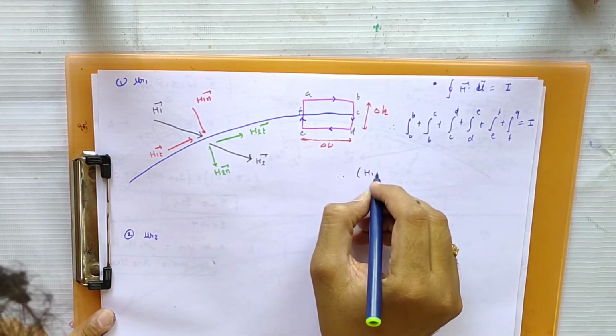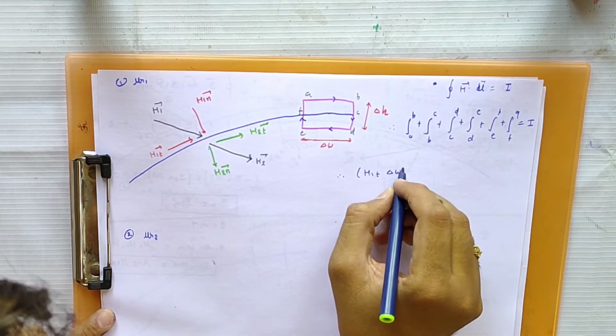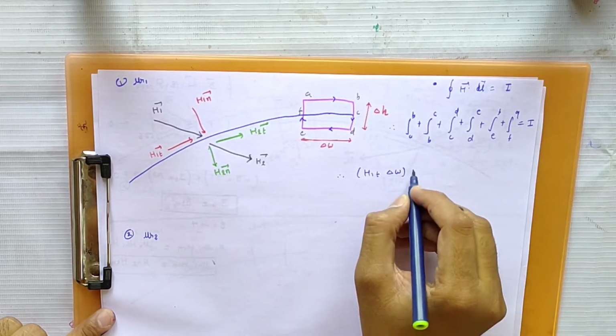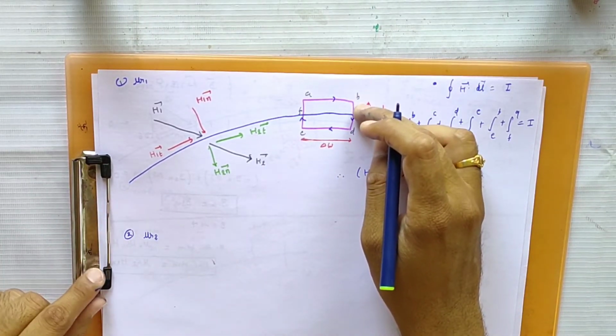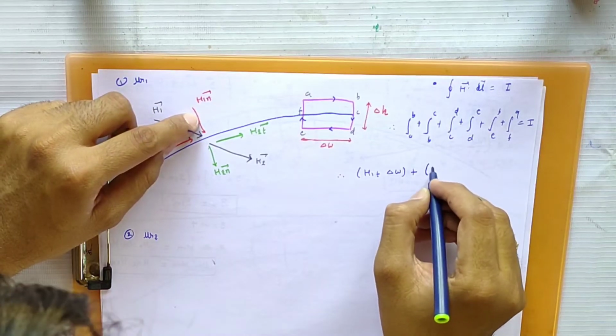So H1t delta W, the length of A to B is delta W, plus B to C. The length of B to C is delta H by 2, in the same direction of H1n.